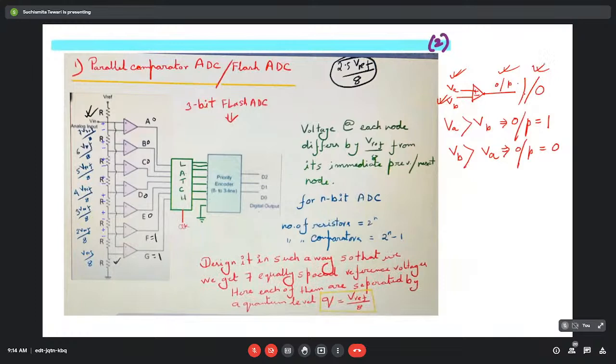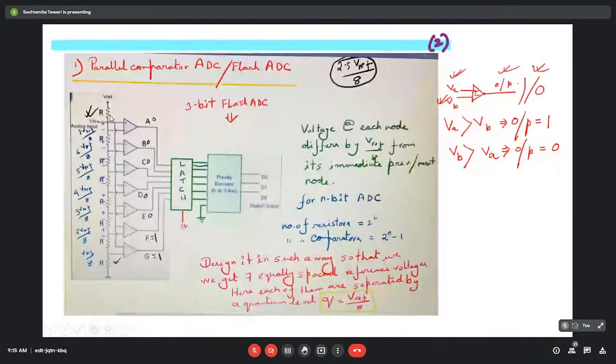So it is producing a digital output. In one way we can see that a single comparator is as if converting an analog signal into a digital one. Although it is not converting the analog signal exactly, based on the value of these two voltages, it is producing a digital output.